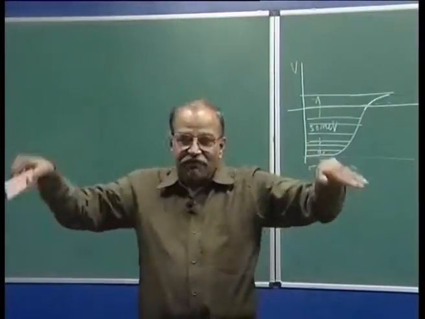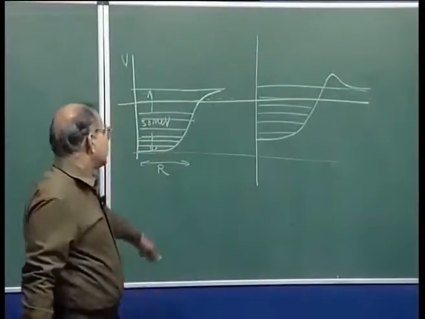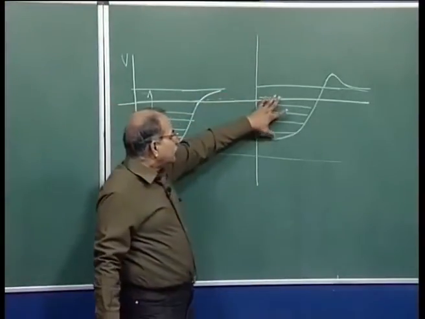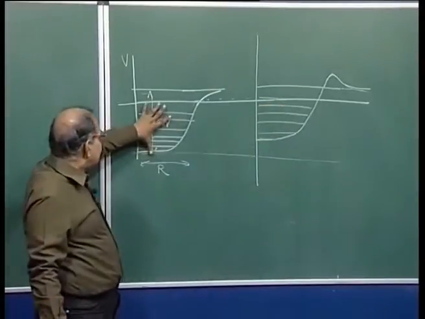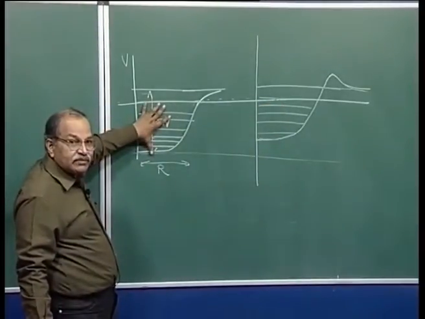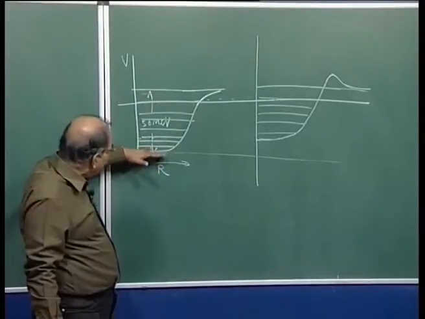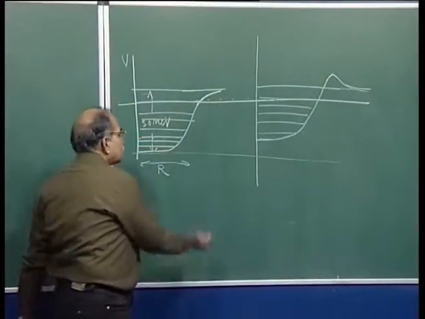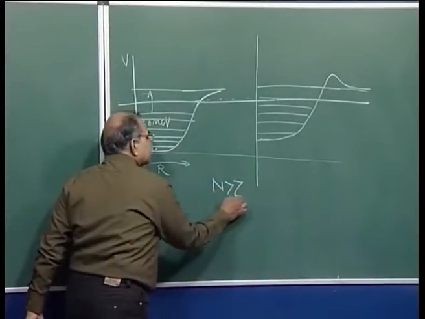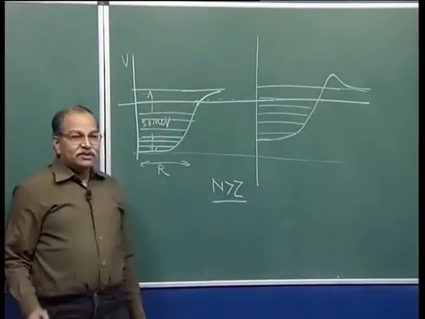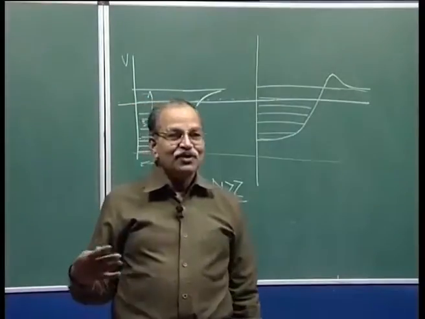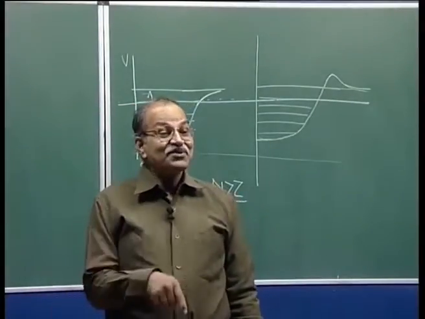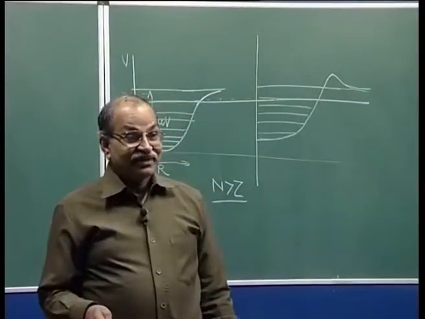If it is to be filled to the same energy, then the number of energy levels appearing here is less, and the number appearing here is more. That means you will have more neutrons than protons, N greater than Z. So, this is one way to understand why in heavier nuclei you have more neutrons than protons.